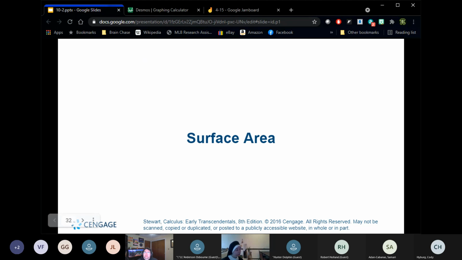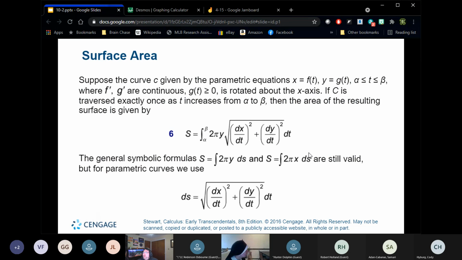All right, last one. Surface area. So the surface area formula is just like what we did for surface area before. It's just 2 pi times y times whatever the arc length was. So we take our arc length formula and we're just going to do 2 pi y times it.